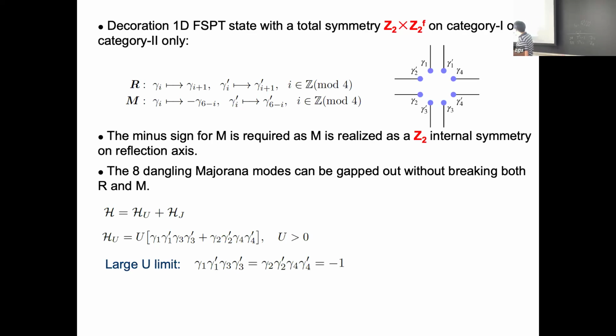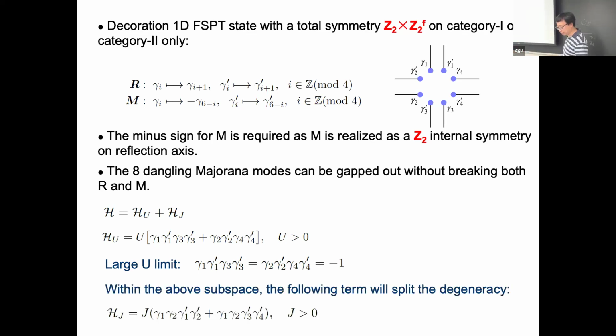But this one term is still not enough, because these 8 Majorana modes form a 4-dimensional Hilbert space. If we only add this one term, we still have a twofold degeneracy. So we still need to add more terms. The other term is also easy to guess. Within this subspace, you can easily verify gamma 1, gamma 2, gamma 1 prime, gamma 2 prime, and these two terms also preserve the symmetry in the large U limit.